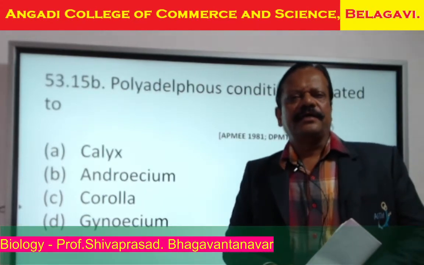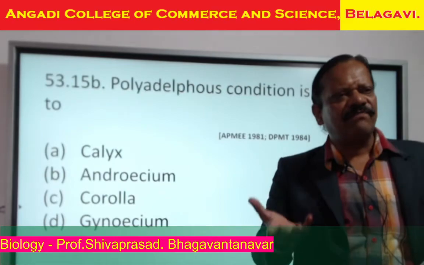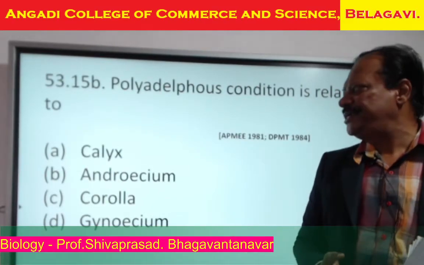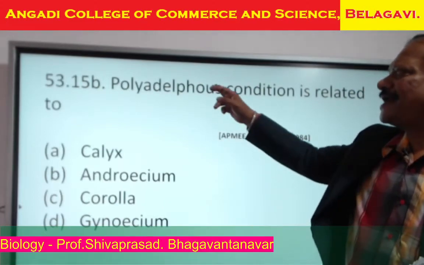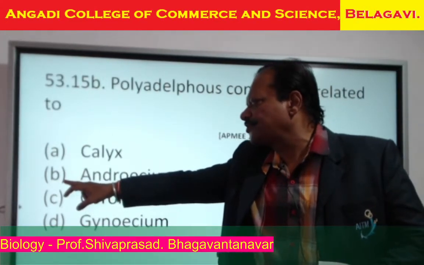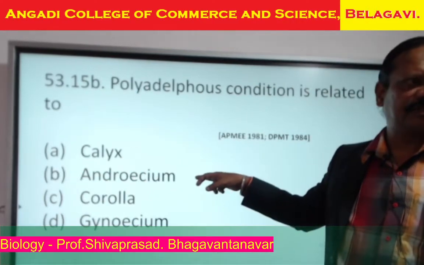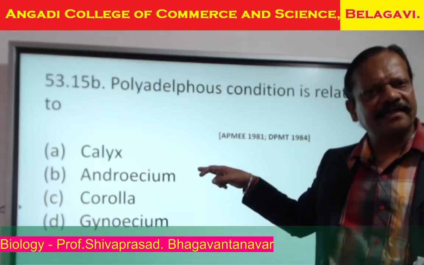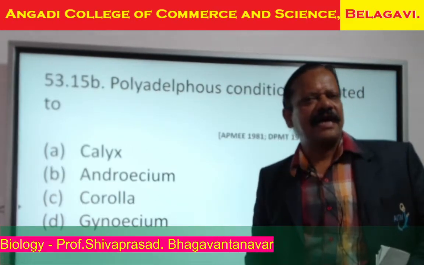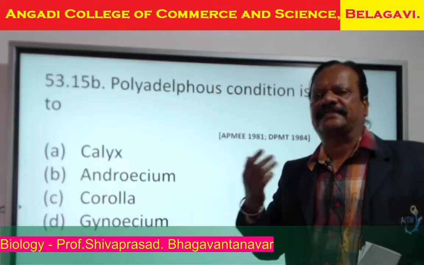Okay? Here, monoadelphous, diadelphous, polyadelphous. Already I explained to you people. Here, polyadelphous condition is related to option D, that is androecium. It is related to anther itself. So as a result, option B is the right answer here. We'll move to the next.